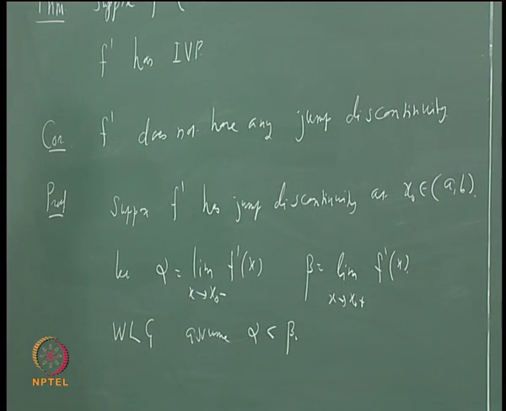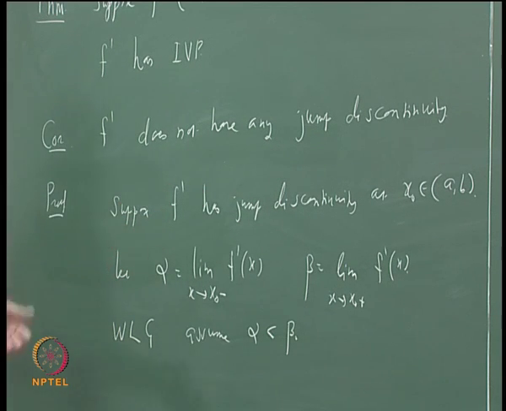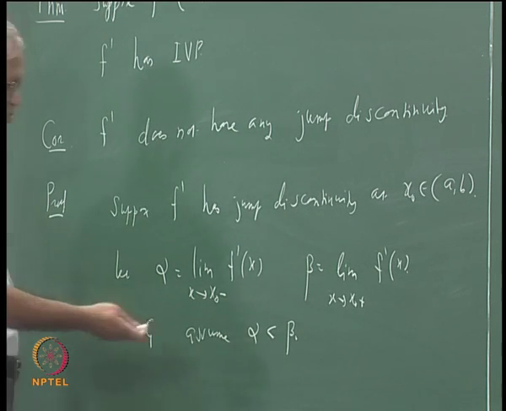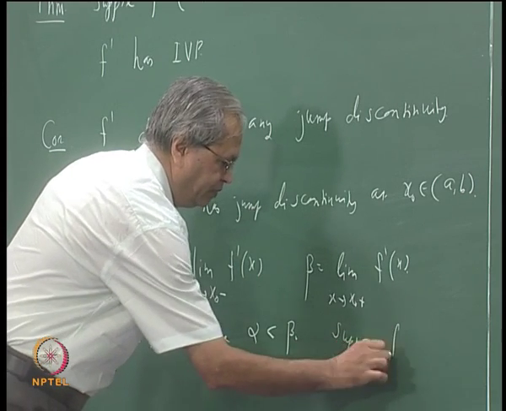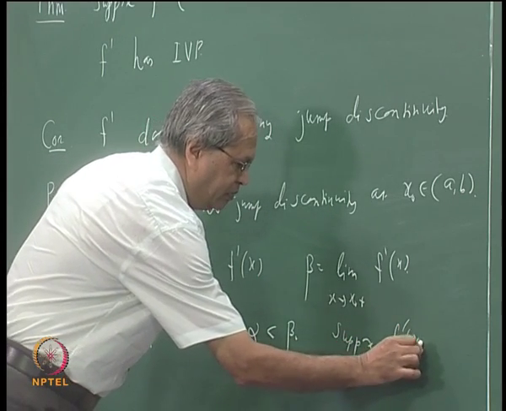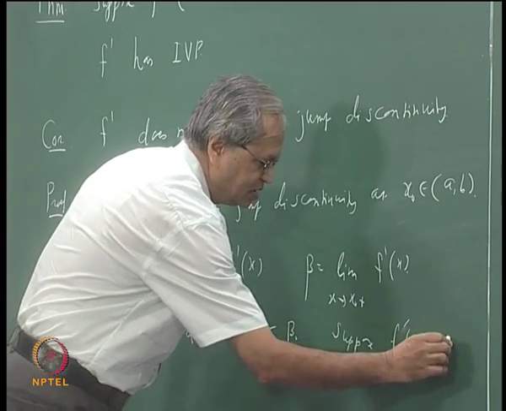Also we have to say something about the value of this f prime at the point x naught. Okay. Value of the f prime at a point x naught, it may be alpha, it may be beta, or some totally different number. Okay. Anyway, it does not matter. So suppose f prime at x naught is equal to some, let us say, delta.